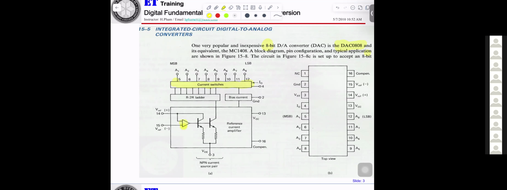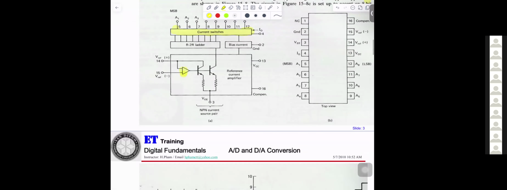And this is the pin number, 1 up to 16. Okay, that's just general.